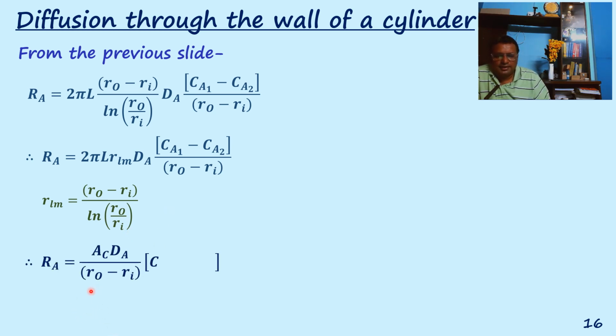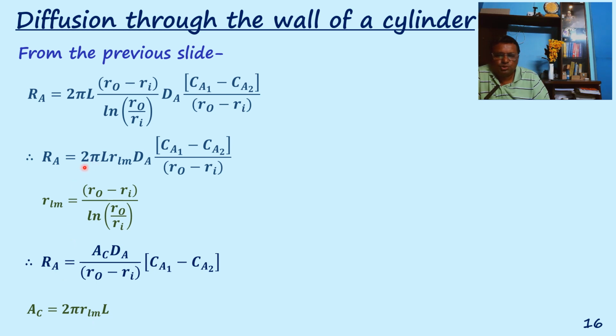Again, I will write it in a different form. Now I'm writing it like this: Ra is equal to AC into dA divided by R0 minus Ri into Ca1 minus Ca2. That means I have replaced some terms in the previous equation with AC, and you can easily identify which are those terms.